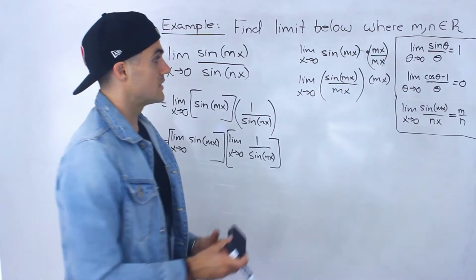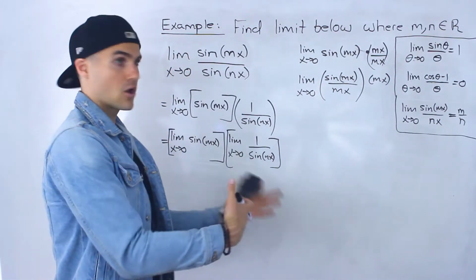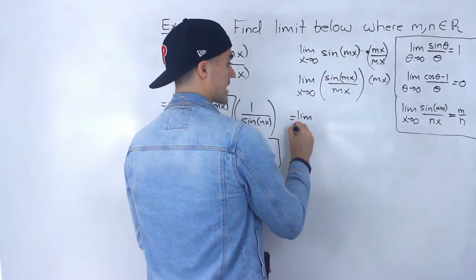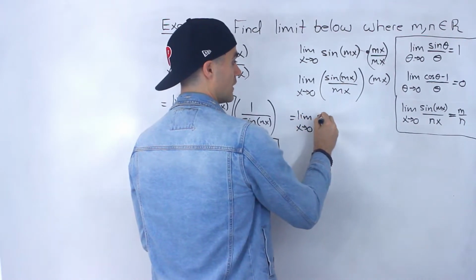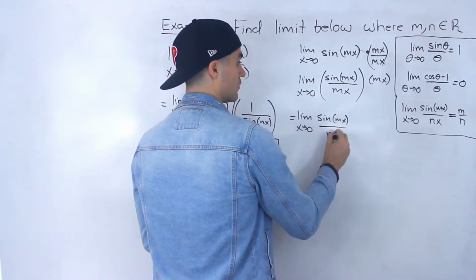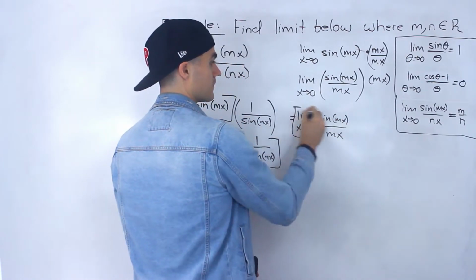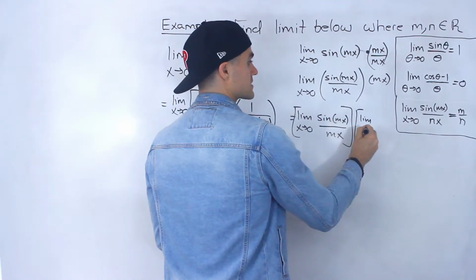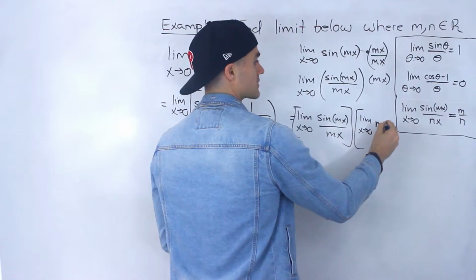Now I can apply that limit law again and split these up. So I'll have the limit as x approaches 0 of sine mx over mx, like that, times the limit as x approaches 0 of just mx.